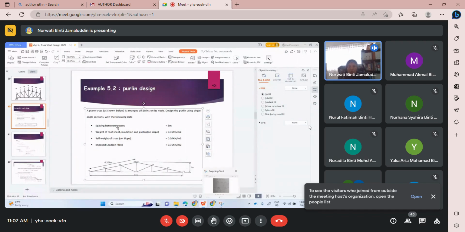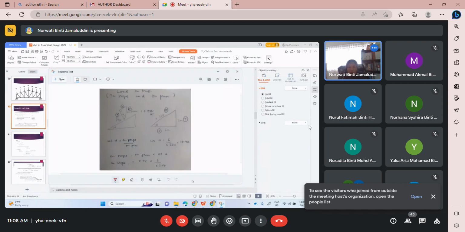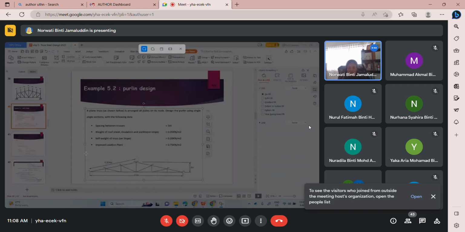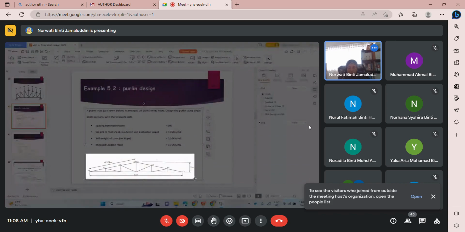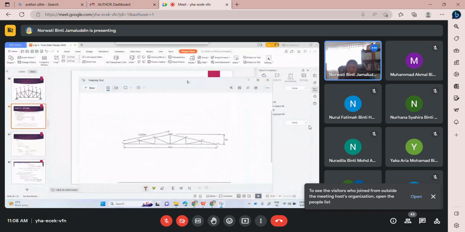The information that we have is the spacing between trusses is 5 meter, and also all the loads, the dead load and also the variable load.